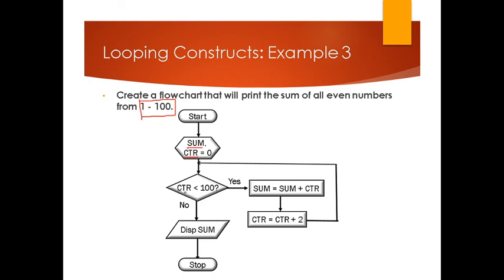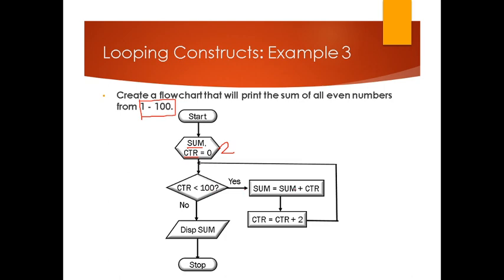Okay, here, CTR 0, is it less than 100? Yes, it's less than. So what will be the case here? 0 plus 0. So it's still 0 here. 0 plus 2, it's 2. So it will increment. The CTR here will become 2. 2, is it less than 100?